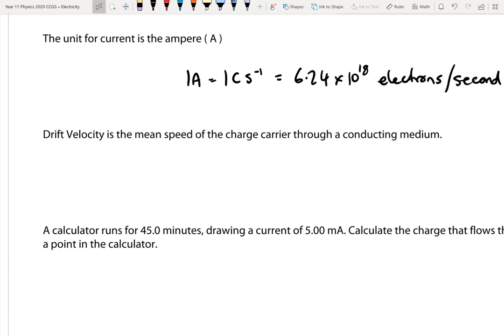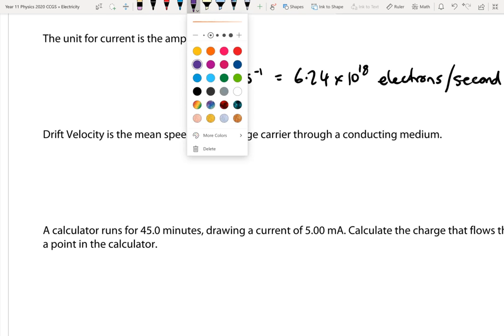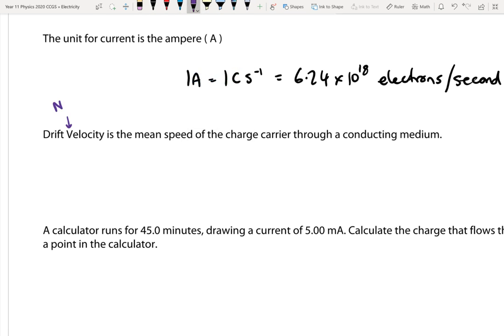There's something called drift velocity, which I'm going to bring out my purple not-in-syllabus pen for. If you watched a single electron, there's a lot of bouncing, and it's not just going to be nice and uniform, like, I don't know, people walking into chapel.